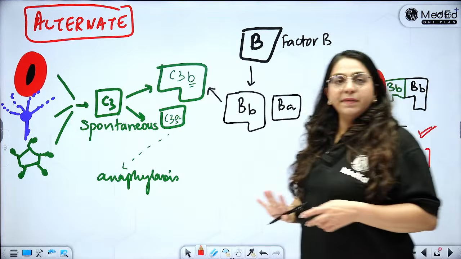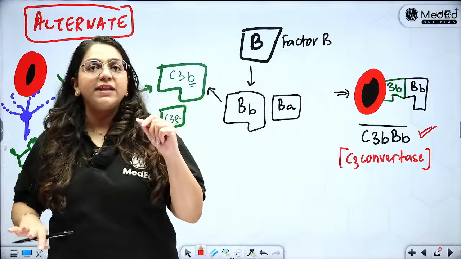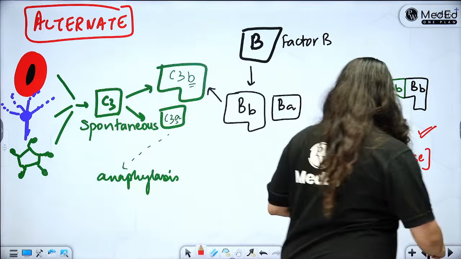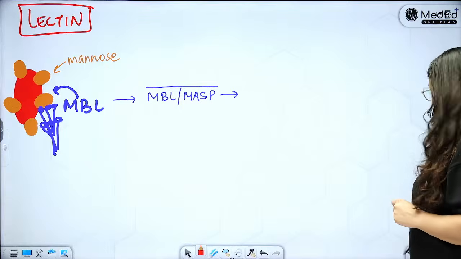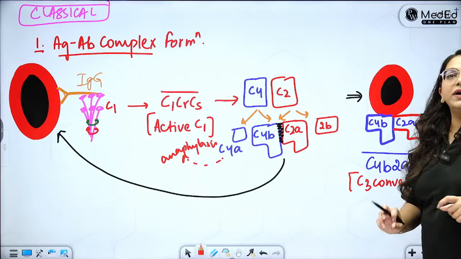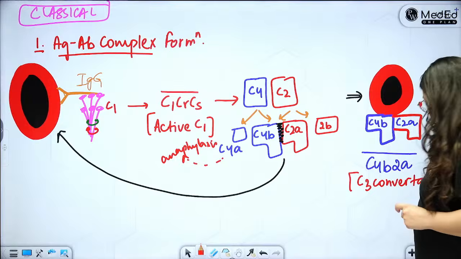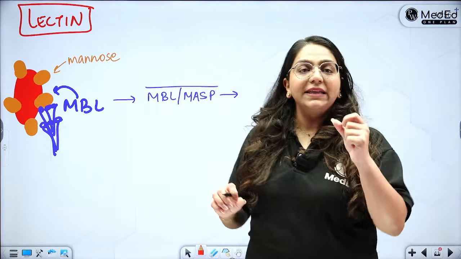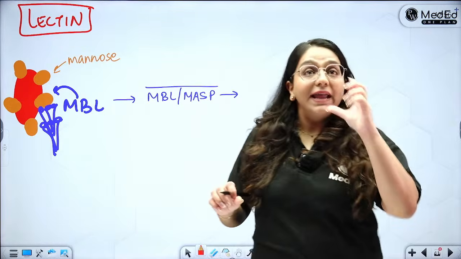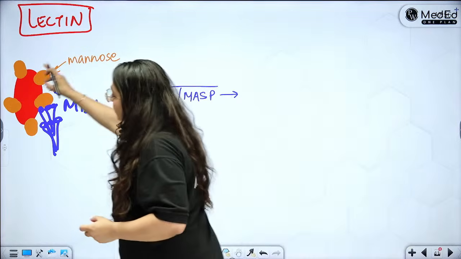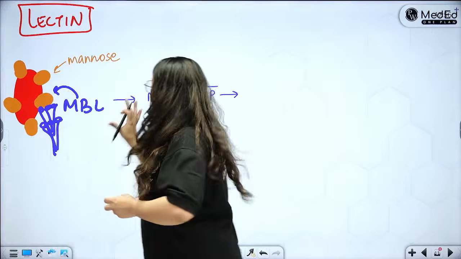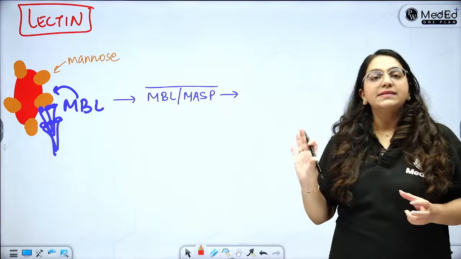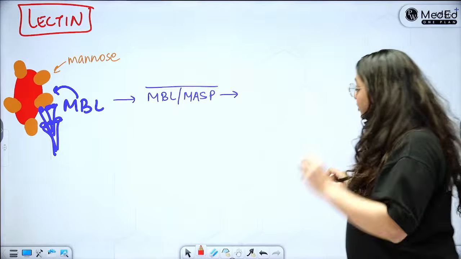C3bBb is the C3 convertase of your alternate pathway, and C4b2a is the C3 convertase of the classical pathway. What's happening in the lectin pathway? The mannose binding lectin is coming and binding directly to the mannose residues present on the bacteria. MBL and MASP get activated.